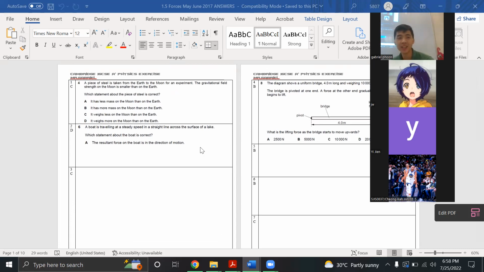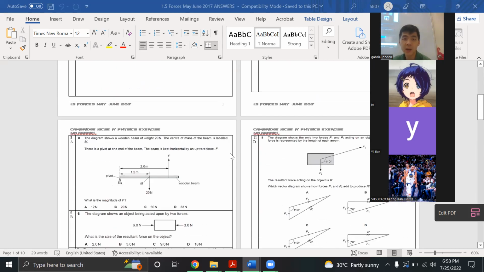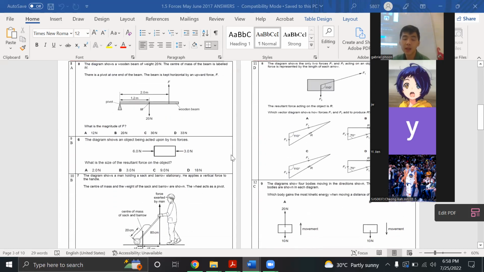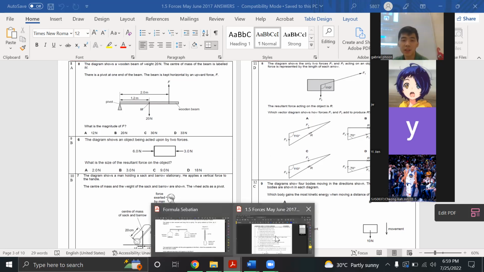Question number 1, C. Question number 2, donkey. Question number 3, C. Question 4, boy. Question 5, boy. 6, boy. 7, C. 8, A. 9, boy. 10, boy. 11, donkey, and 12, C.